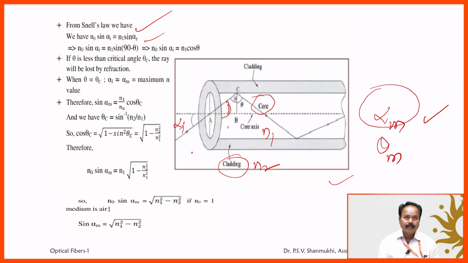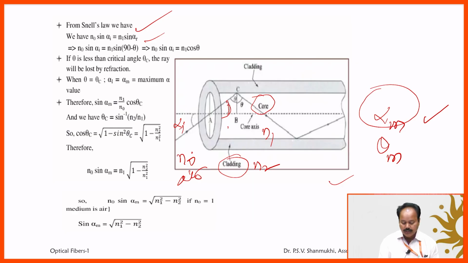N0 sin alpha I is equal to N1 sin alpha R, where N0 is the refractive index of the air medium or any other medium. Suppose the cable is immersed in water, then N0 is taken as 1.33. If it is kept in air, N0 is equal to 1.